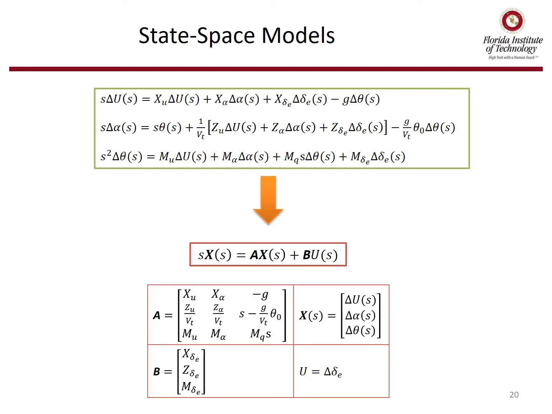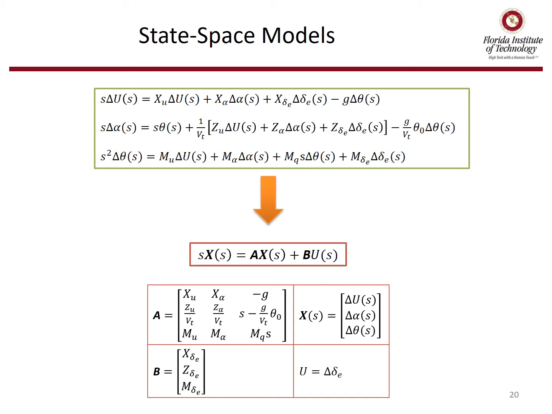We can now take these three longitudinal equations of motion and derive our state space model. Our state vector is going to be change in forward speed, change in angle of attack, and change in theta. Our input, in this case for longitudinal motion, is just the elevator, so we only have one input.